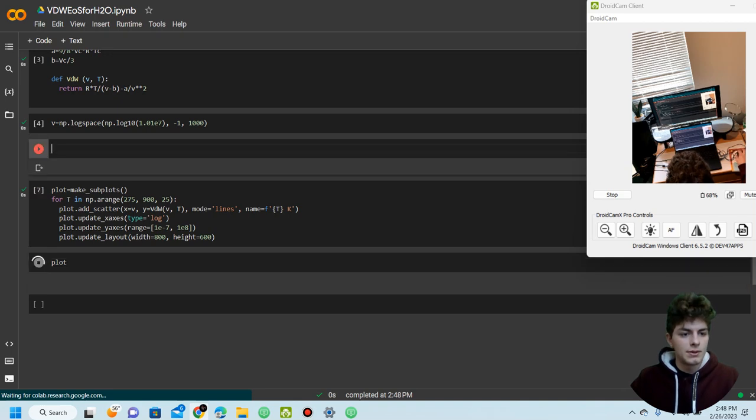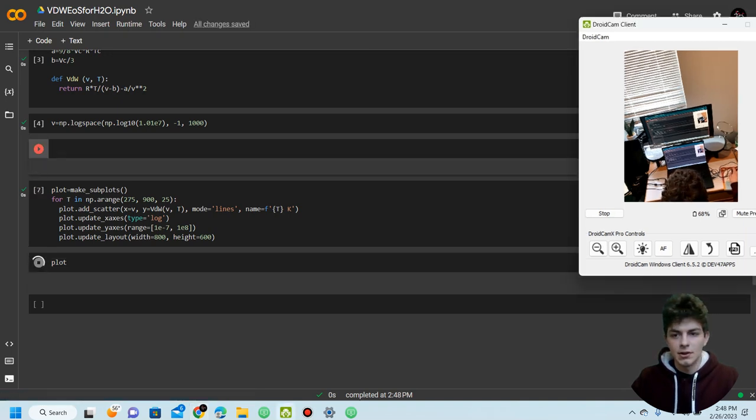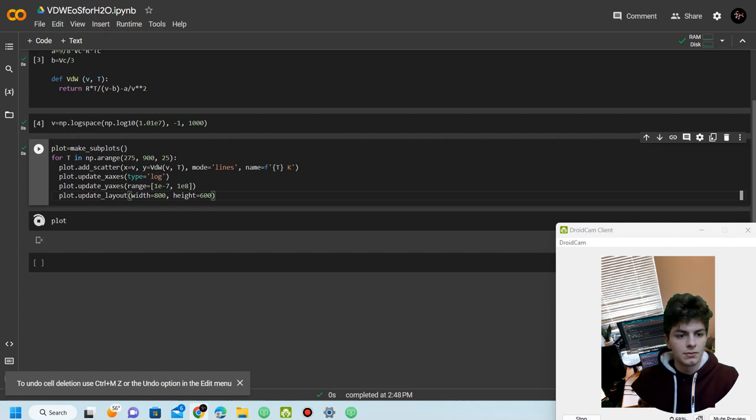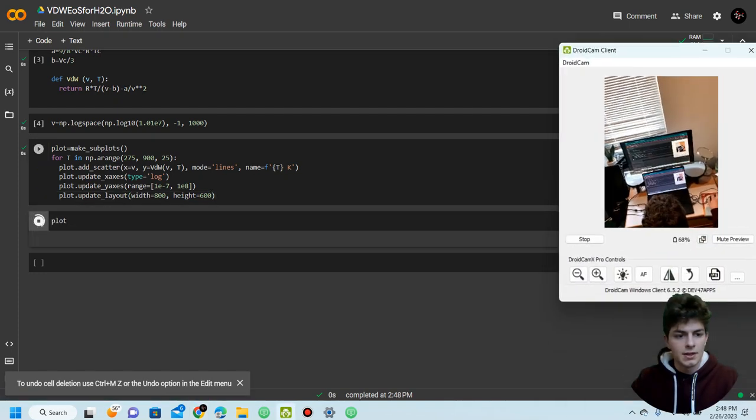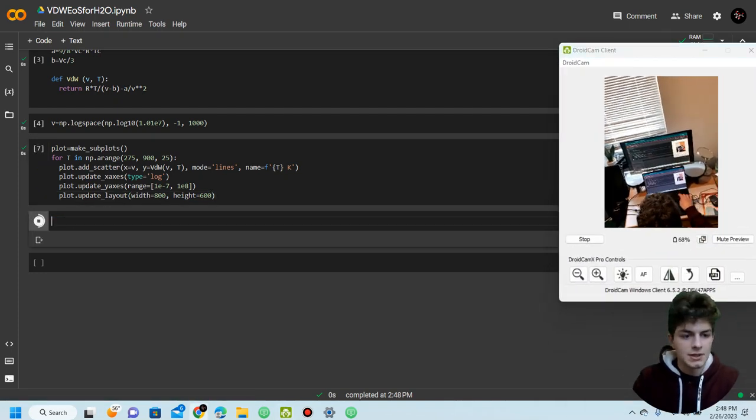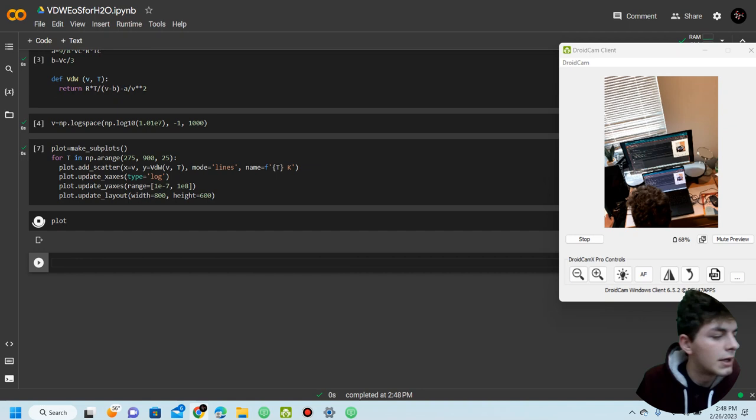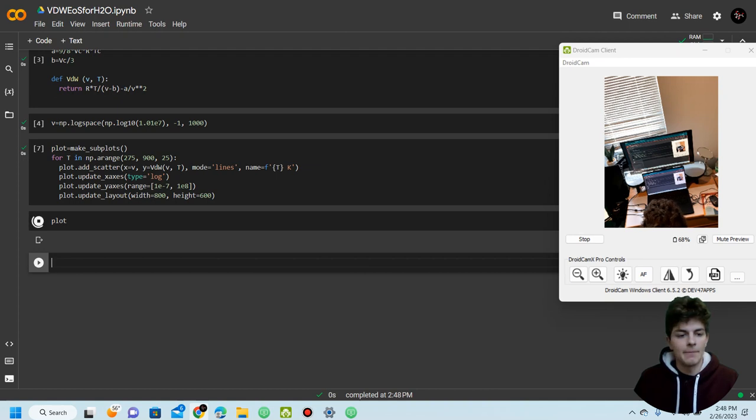Alright. Cool, so this didn't run because it is garbage. So let's go ahead and run this plot cell here. We just want to see what it looks like, and it is running slowly but surely. And as soon as it comes up, we should have a very nice plot here for us to look at.